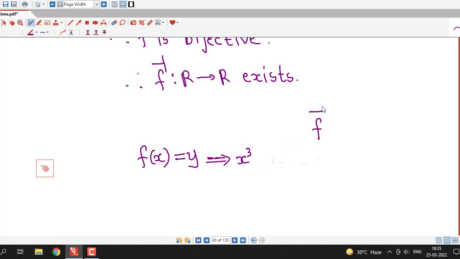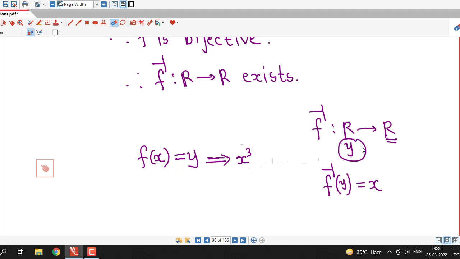Actually we are interested in the definition of inverse, f inverse from R to R. So because f inverse is defined, f inverse is a function, that means for every y in the domain there must be some element in the codomain which is unique. So we assume that f inverse of y equal to x, therefore f(x) equal to y, and we try to find out the value of x.